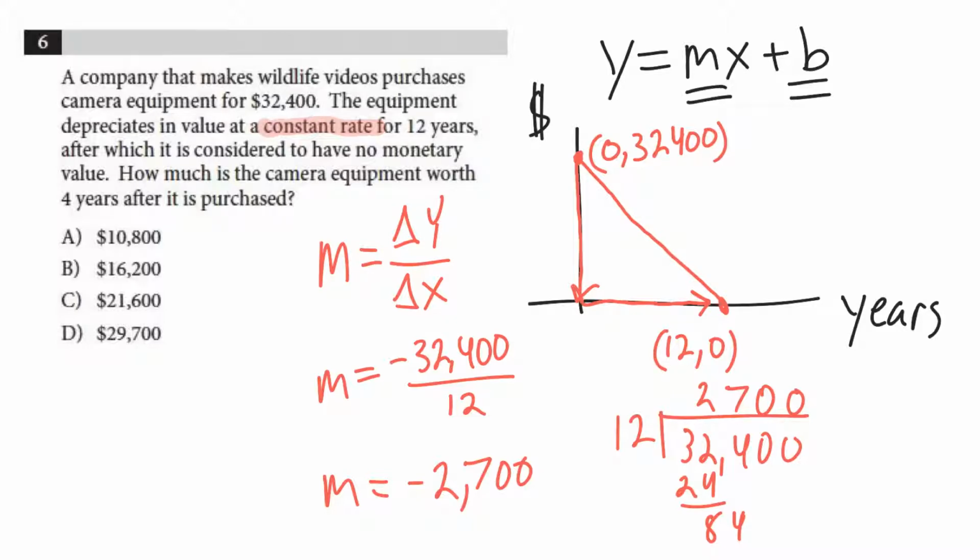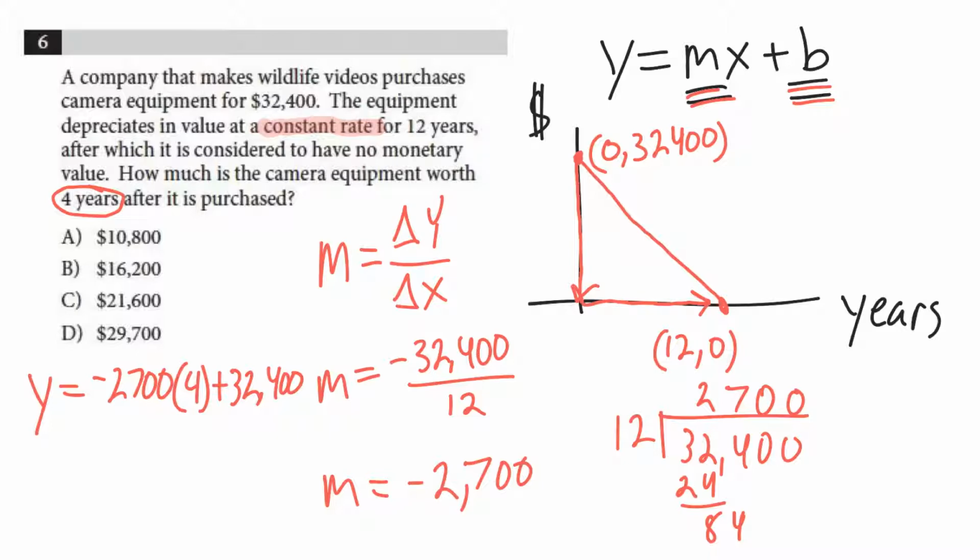So we're going to have our starting value at 32,400, and then we're going to multiply our years by the rate of change, which is negative 2,700, and that's going to give us the value of the equipment after 4 years, which is what we're looking for. After 4 years, so we've got y equals negative 2,700 times 4 plus 32,400.